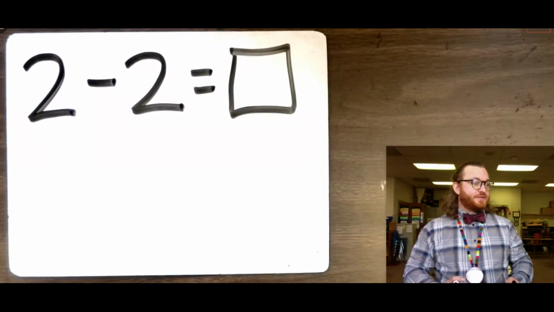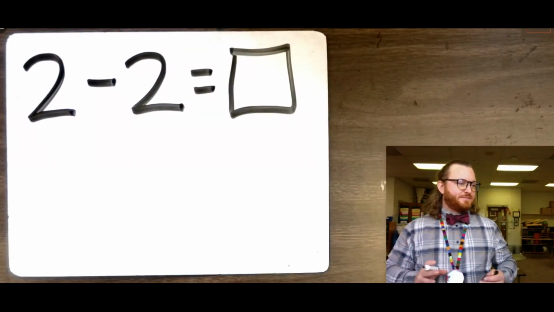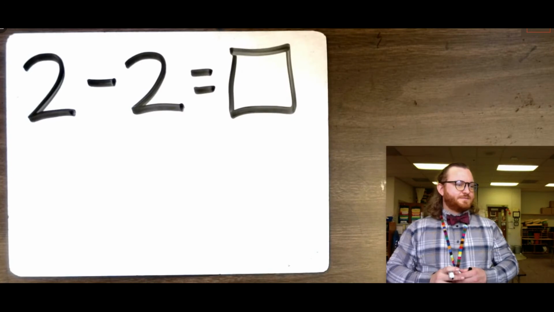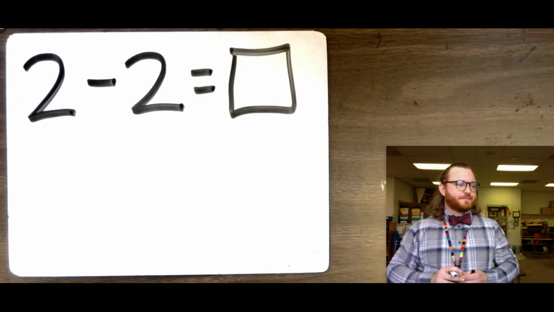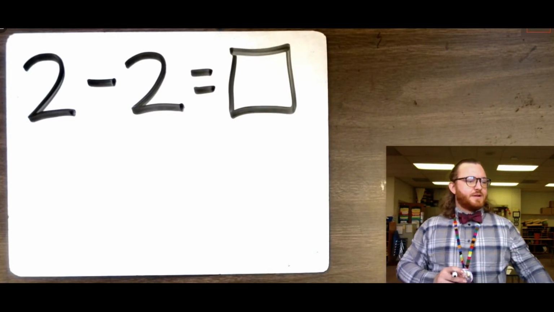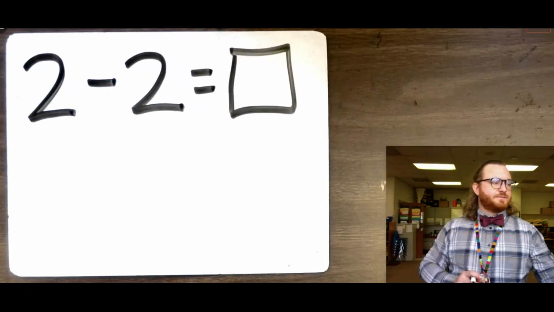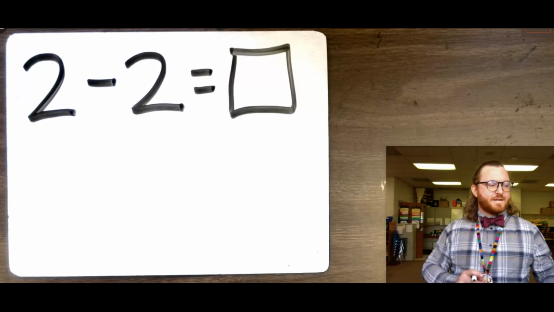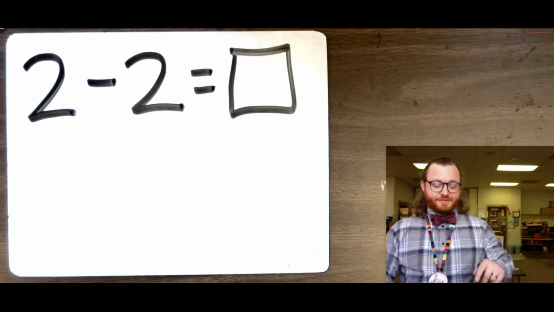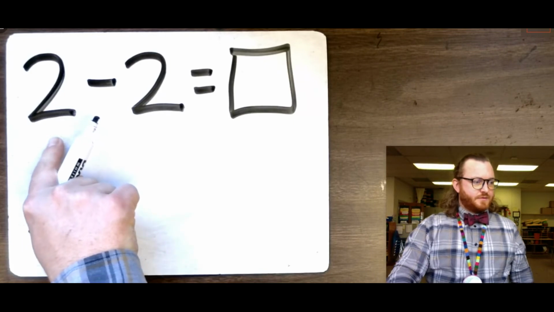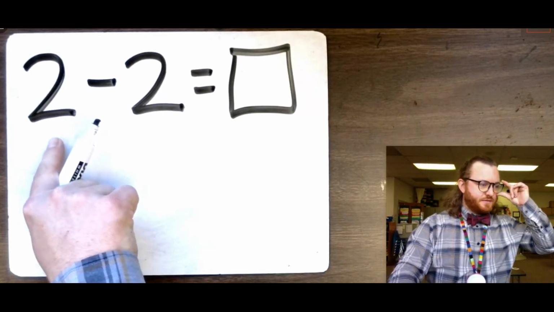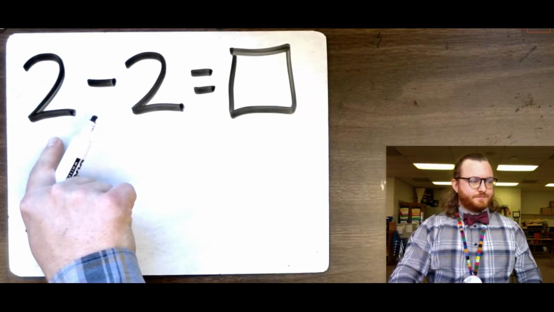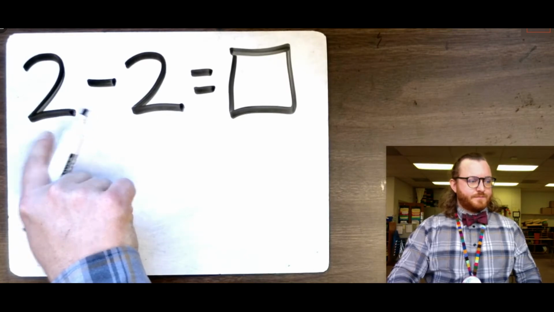Does anybody want to take a guess by pressing their hand button? Journey, what would you do? You put on the first 2. Draw 2 bubbles? Right? Is that what you said? Draw 2 bubbles under the first 2.